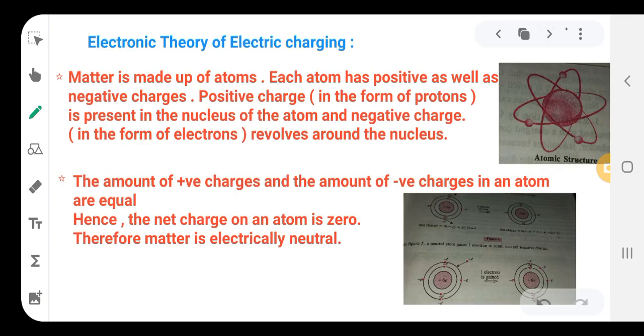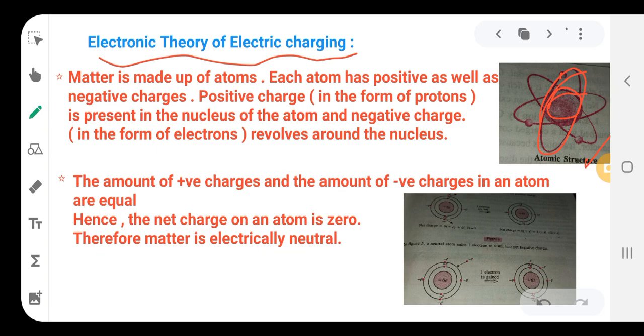Now let us see the electronic theory of electric charge. Here is the atomic structure; I will not go deep into it. There is the inner nucleus, and these are the orbitals where the electrons revolve around the nucleus.